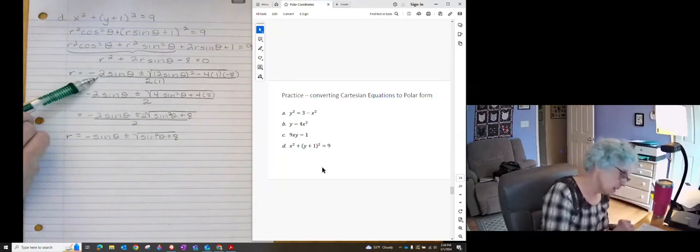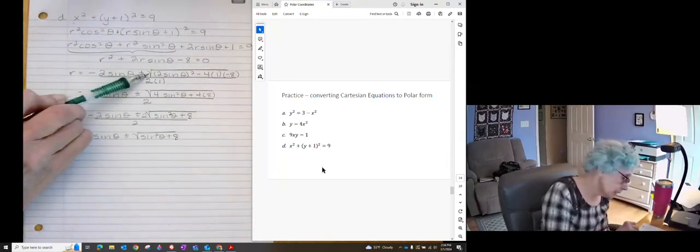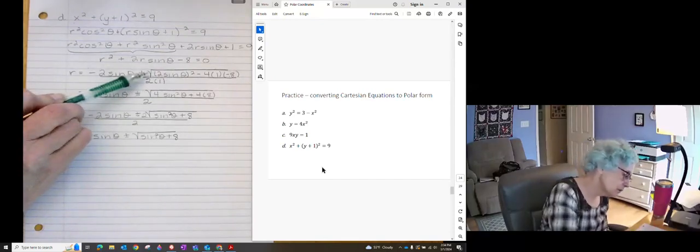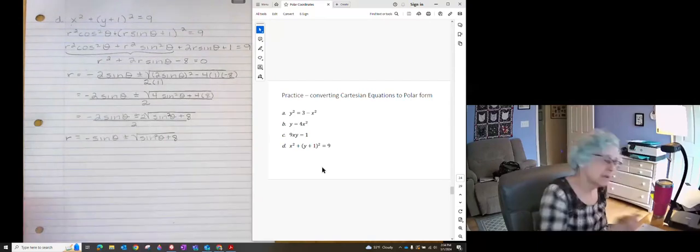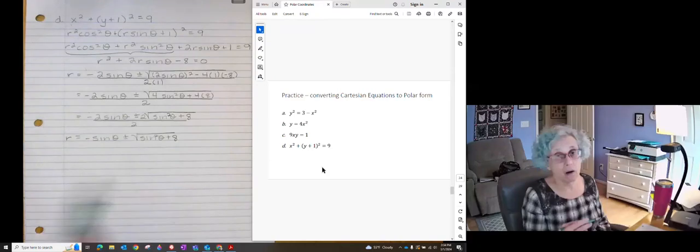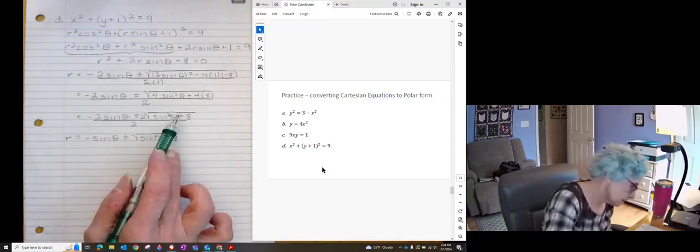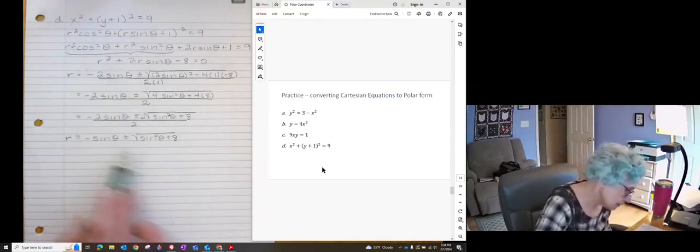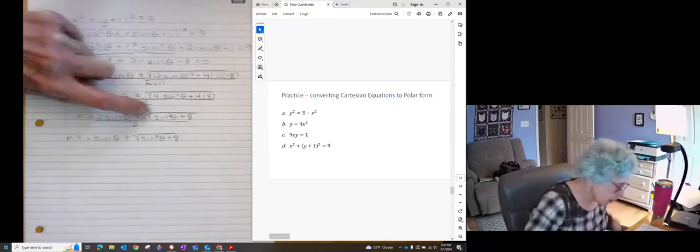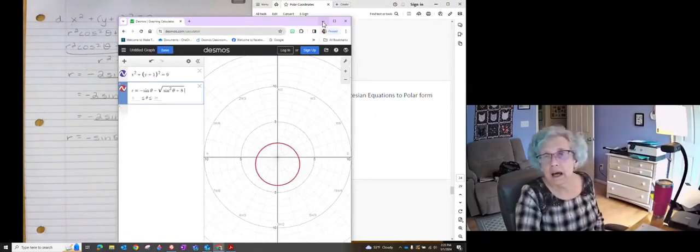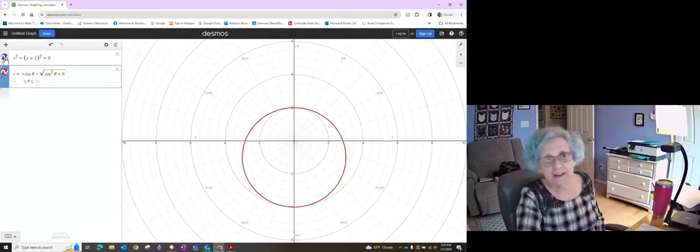So negative b, plus or minus square root, b squared minus 4ac, all over 2a. Yeah, you do have to remember it. So there it is. I did some simplifying, and I almost lost my squared, and I got frustrated because I didn't know why it wasn't working. But then I realized I had lost my squared, and yeah, it's the exact same thing.